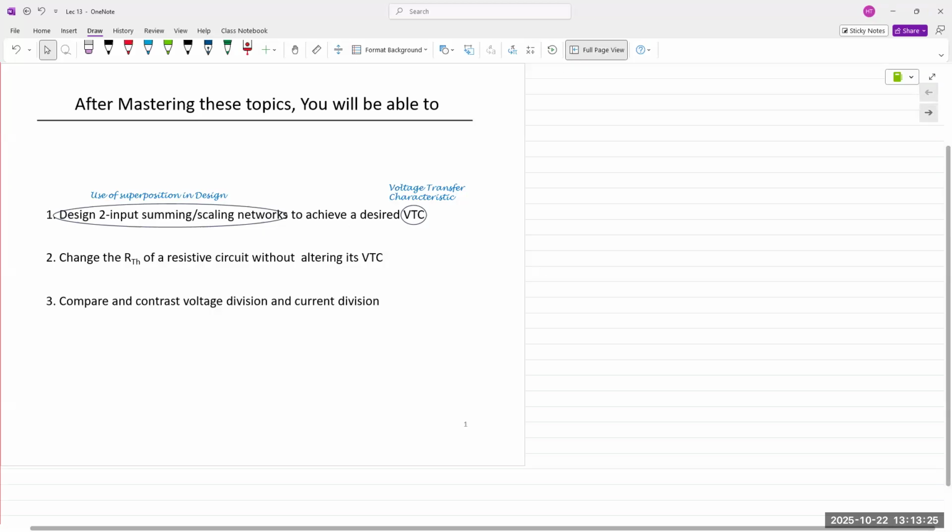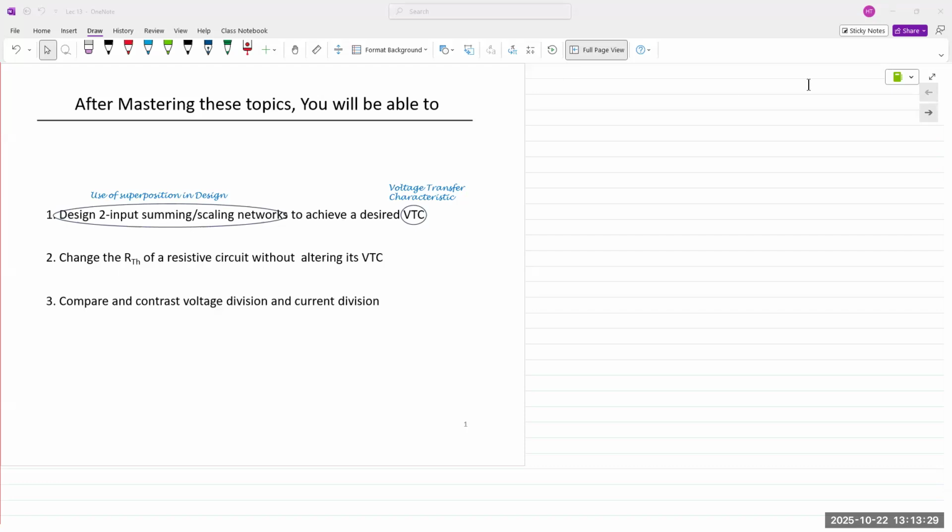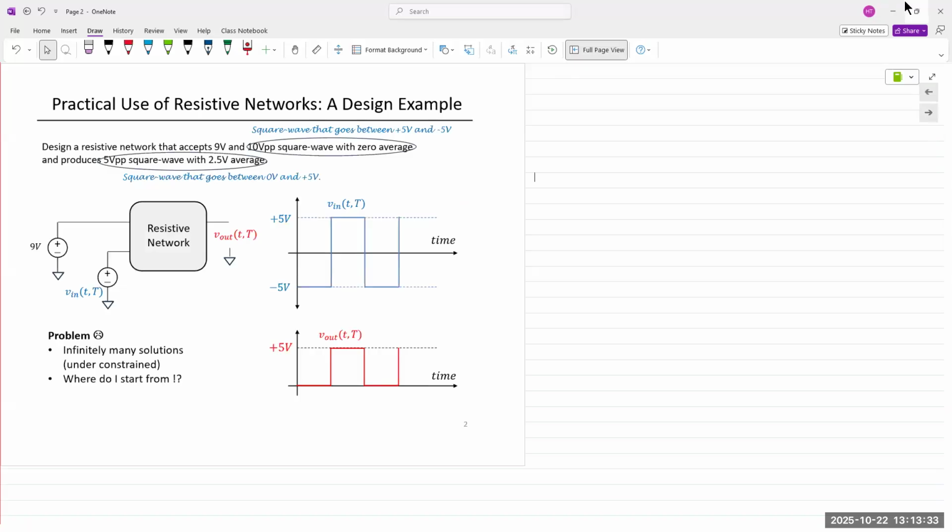All right. So in today's discussion, we are going to look at a design example where we are trying to clamp an AC signal or an AC waveform with a particular DC value. Now, let me explain those terms.